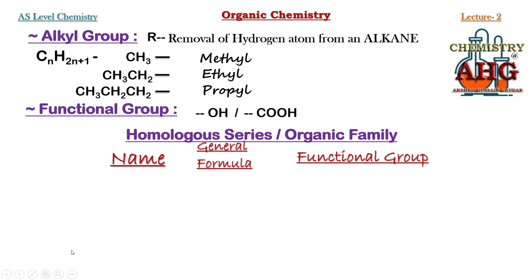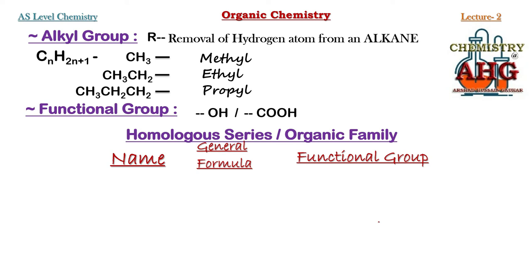As I have told you, a homologous series is produced from an alkane by the removal of a hydrogen atom, and the removed hydrogen atom is replaced by another functional group.